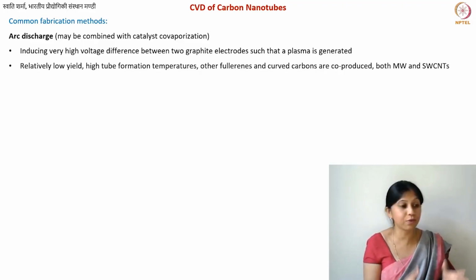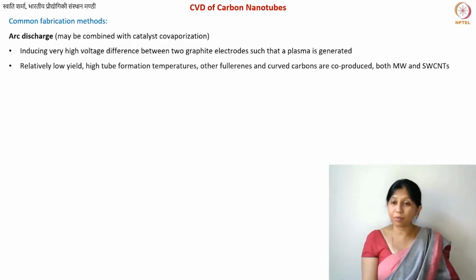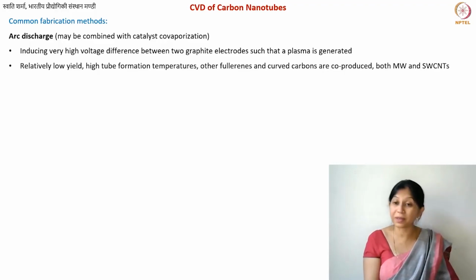But anyway, you have to perform an additional step for the separation, the isolation of carbon nanotubes. So that is one disadvantage. Okay. But you can get both multi-walled and single-walled carbon nanotubes, and definitely you do have a certain optimization flexibility.